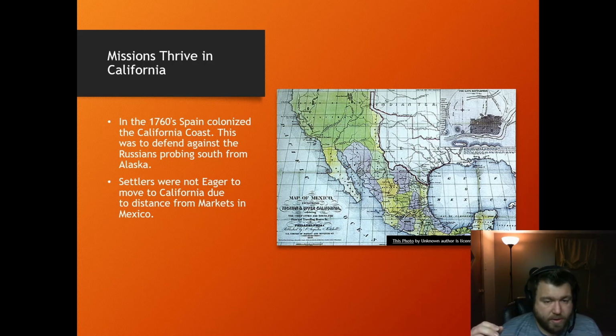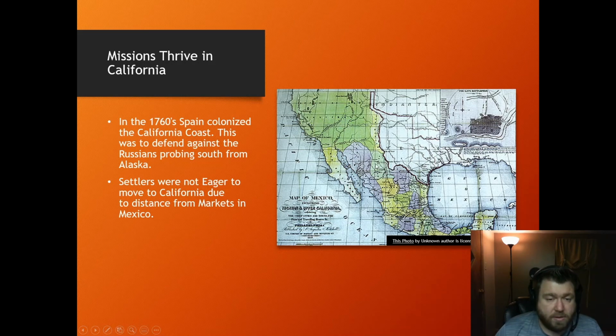And so if you look on the map that I have here, if you are here in California, see my cursor? If you're here in California, look how far away Mexico is. And this is where all the major markets are. So if you're a farmer and you're growing crops or livestock or something, you might have that food, but if you want to sell it for money, you have to bring it all the way down here.